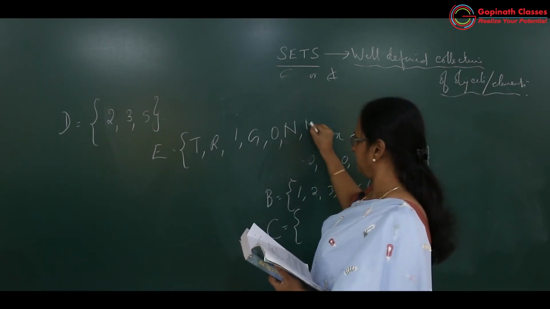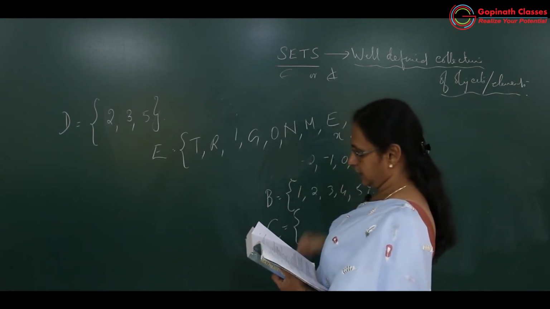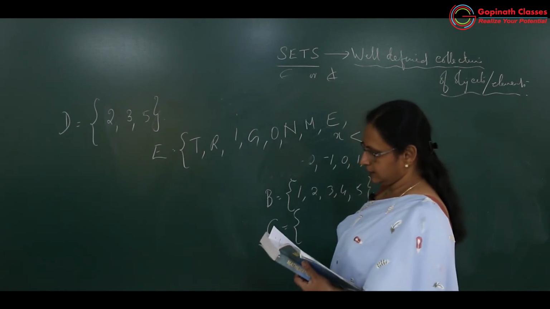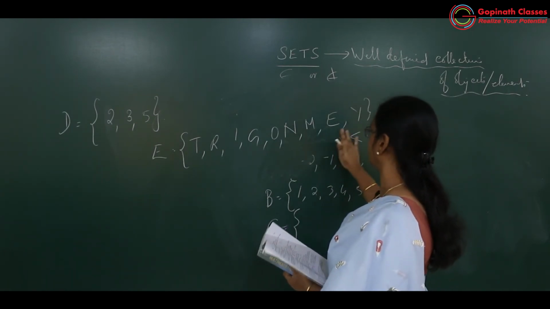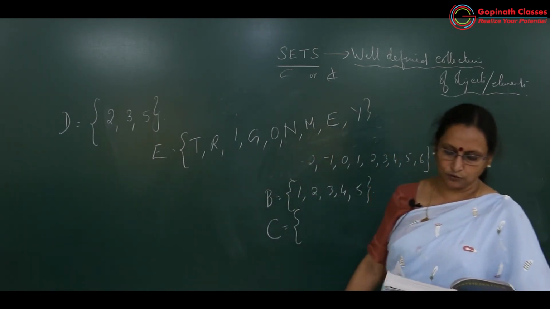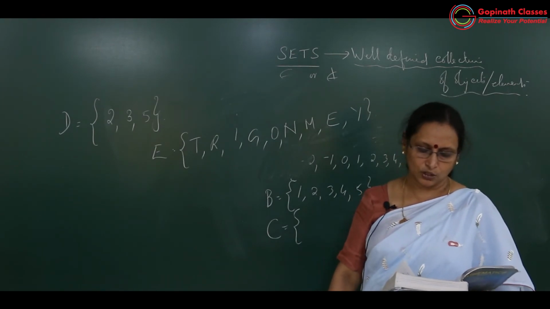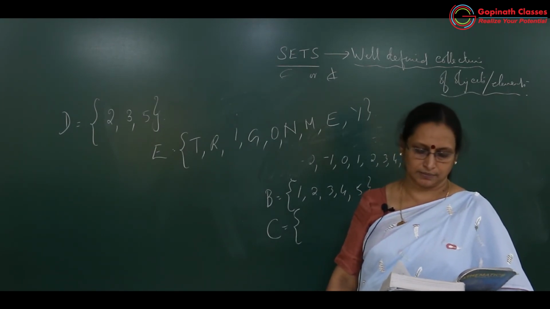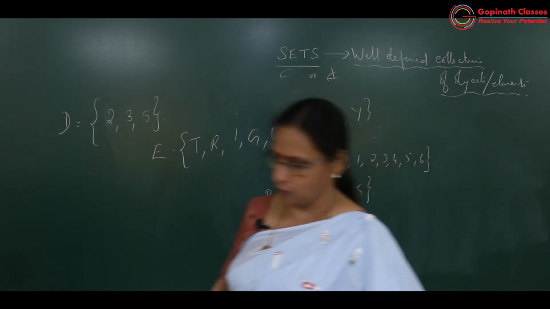M, E. E is not repeated. Then T already written, R already written, and Y. So this comes. Set of all letters in the word trigonometry. Similarly, F you can write, set of all letters in the word better. So hope you understood how to write in roster form.